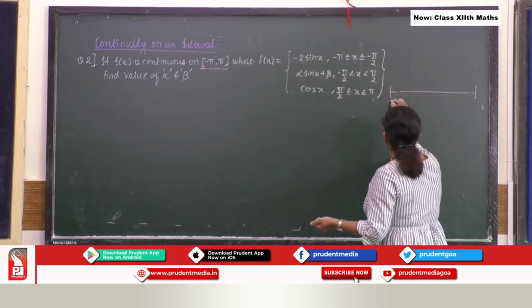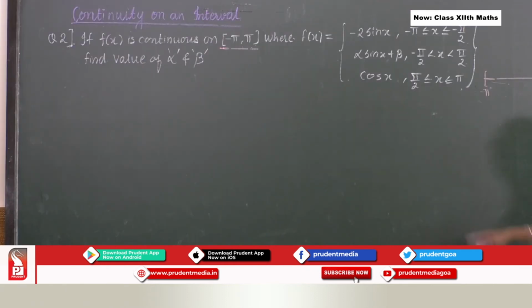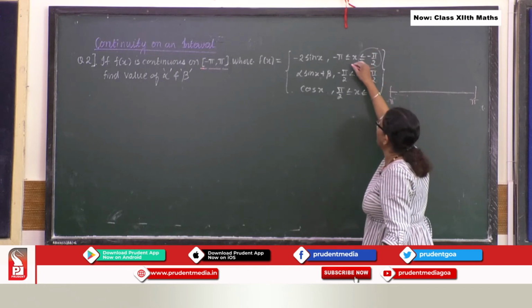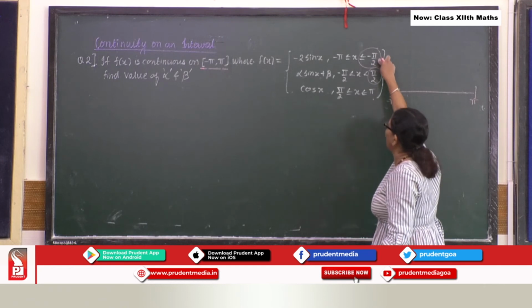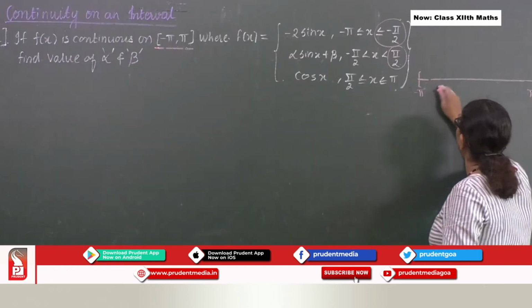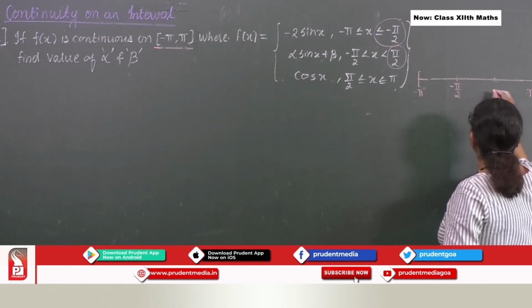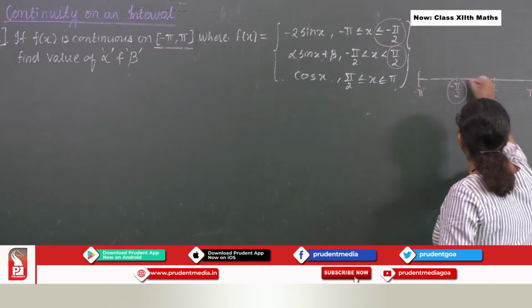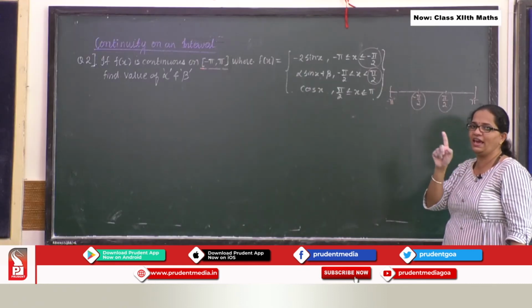Here I say this is minus pi, here this is pi. So look at the break. You can see the break is here. This is minus pi by 2 and this is pi by 2. So these are the two critical points where I am supposed to be careful.